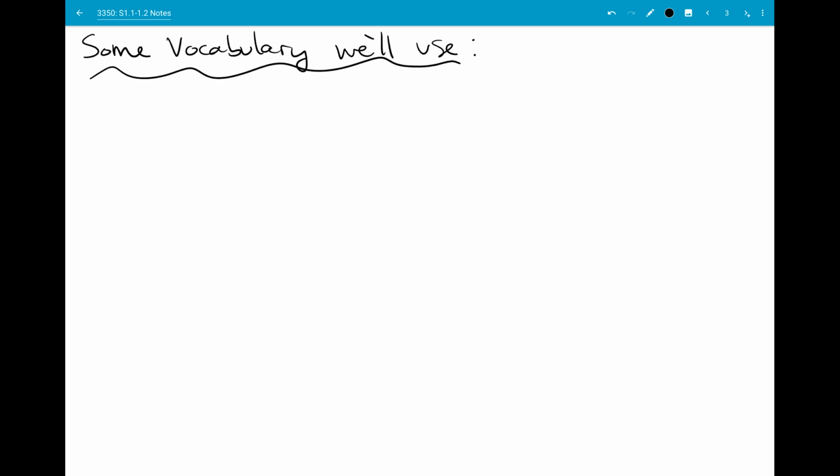Throughout this class, we're going to use a little bit of vocabulary to talk about the important parts of a differential equation. You'll probably still be familiar with these from other classes, but just in case, I'd like to touch on them real quick.